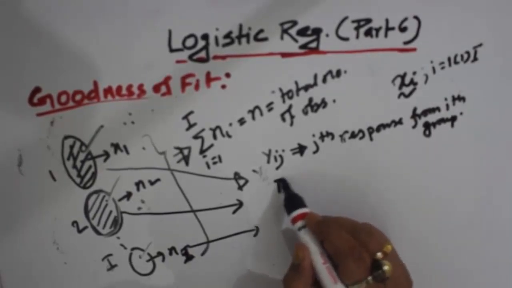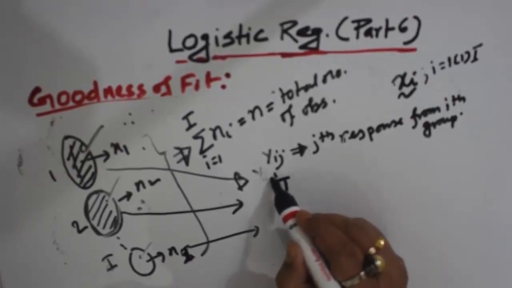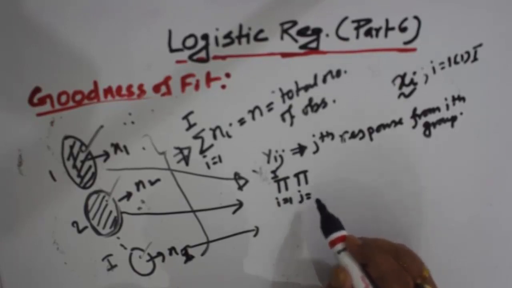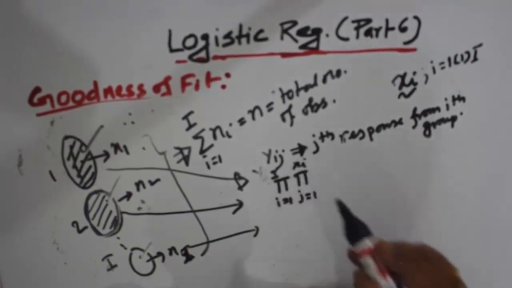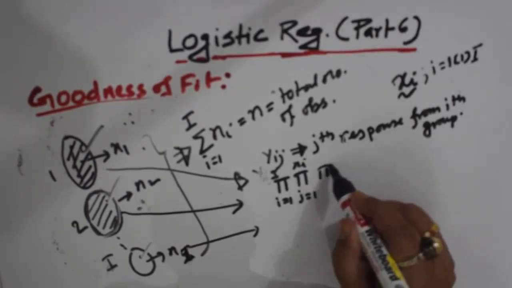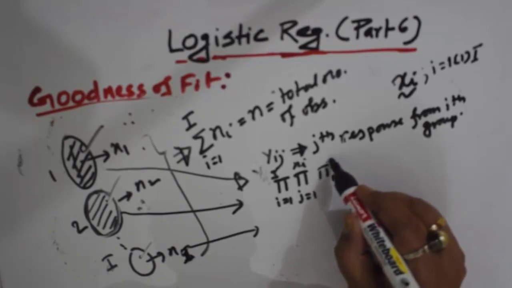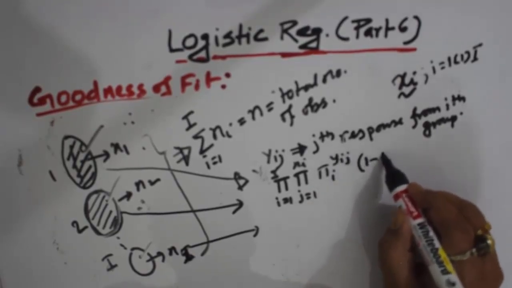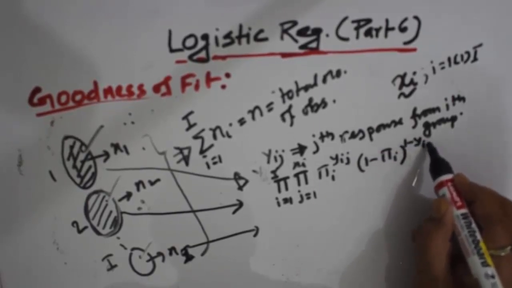Then this is the product over i from 1 to capital I, j from 1 to ni, of pi i to the power yij times 1 minus pi i to the power 1 minus yij.